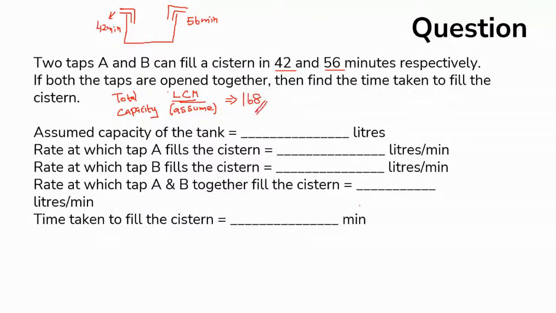So we assume 168 liters as the total capacity of this tank. The rate at which tap A fills the crescent is the total capacity 168 divided by the time taken by pipe A, which is 42. So it is 4 liters per minute. And 168 divided by 56 is 3 liters per minute for pipe B.